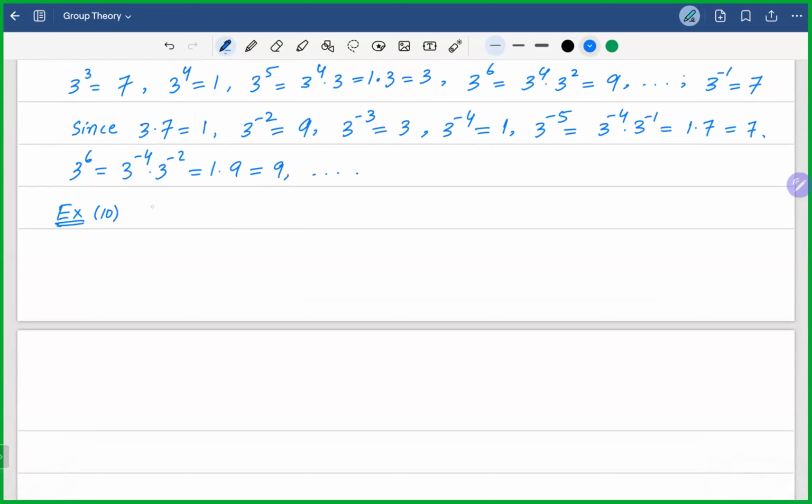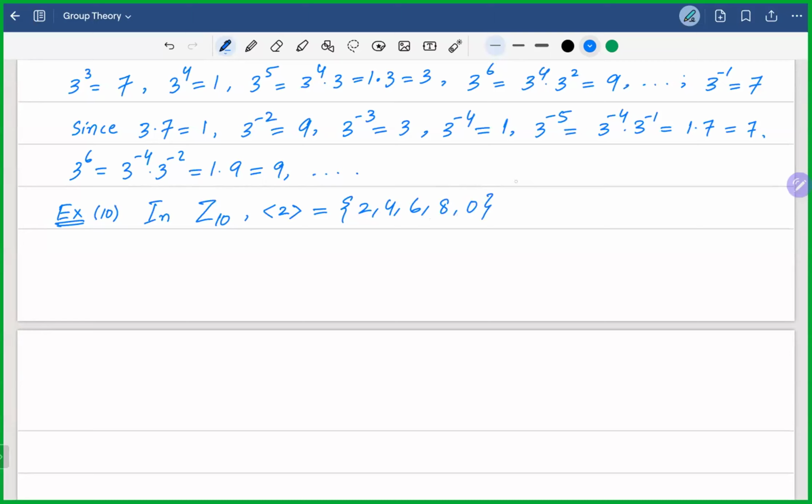Then the next example is that in Z mod 10, 2 generates the set which is 2, 4, 6, 8, 0.